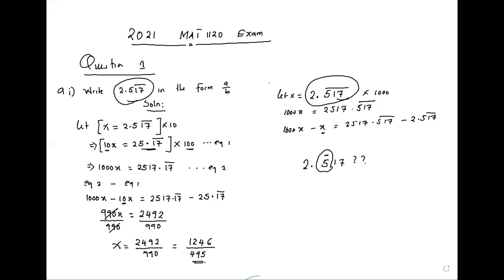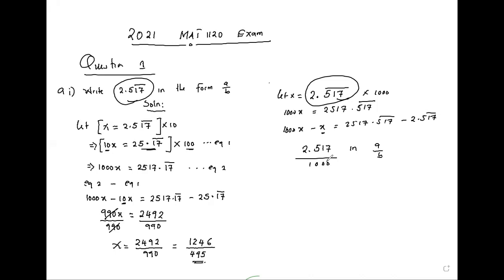Okay, so there's a question: what do you do to those numbers that do not have a bar? For example, express 2.517 as a fraction in the form A over B. How do you do that? You just count the decimals and put a 1 here and then 0, 0, 0.